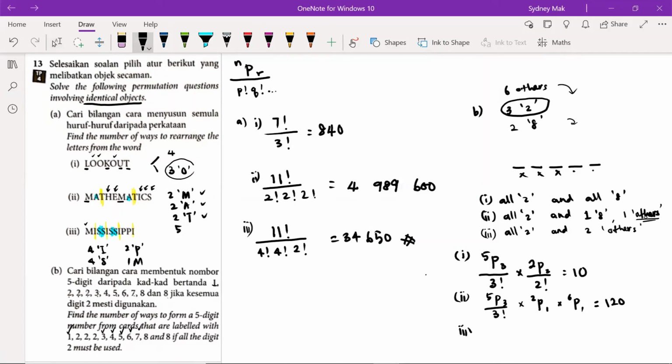And the third scenario: again 5P3 over 3 factorial, and then for the remaining 2 empty slots, we choose from the other numbers, no 8 is involved.